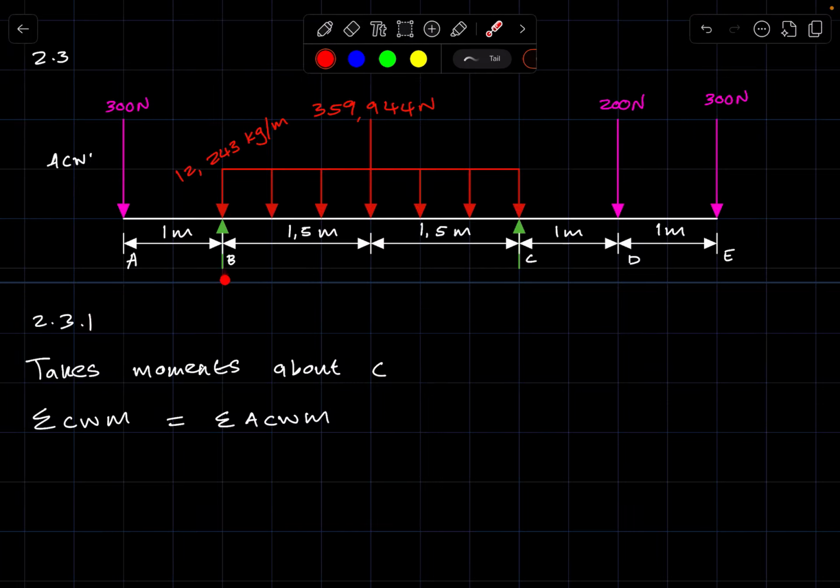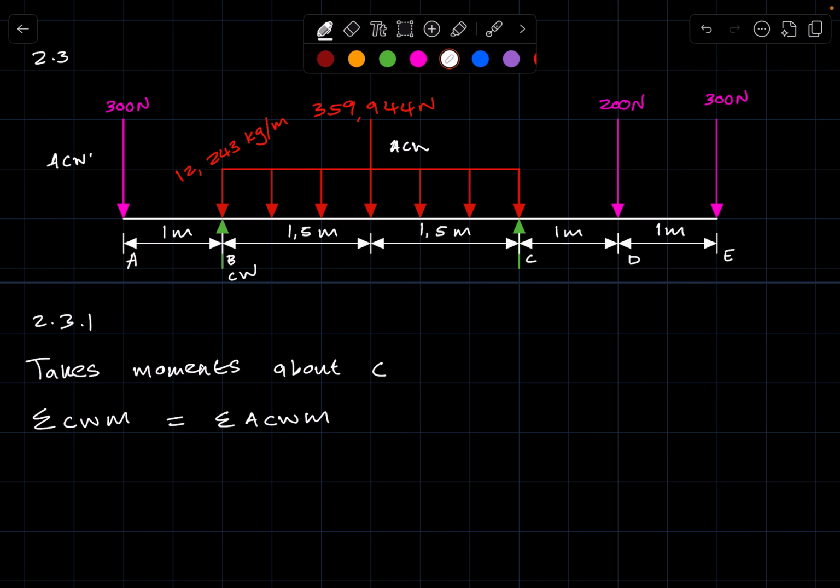Then you look at your reaction at B. This one is headed upward, so the turning effect would look like this one here. Obviously this has a clockwise turning effect, so this one will be clockwise. Now we look at the weight component of the UDL heading downward. This one will be anti-clockwise.